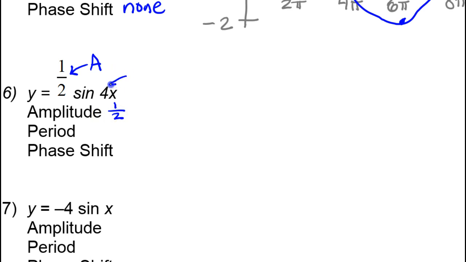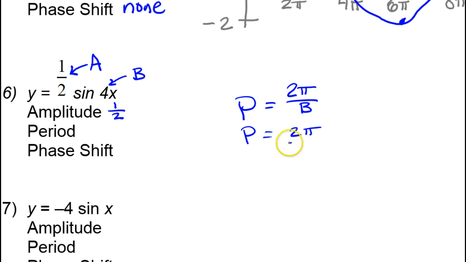Now we see the b value right there. The b value controls the period in the following way. The period is always equal to 2 pi divided by the b value. So since the b value is 4, that means the period is going to be 2 pi divided by 4.